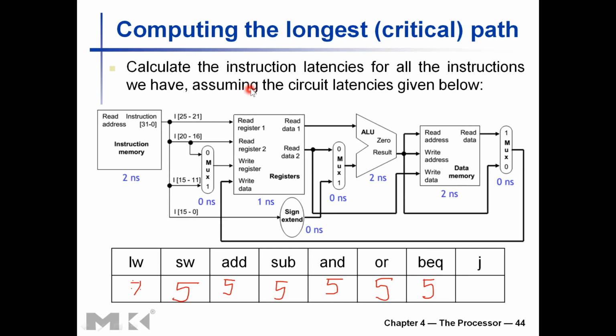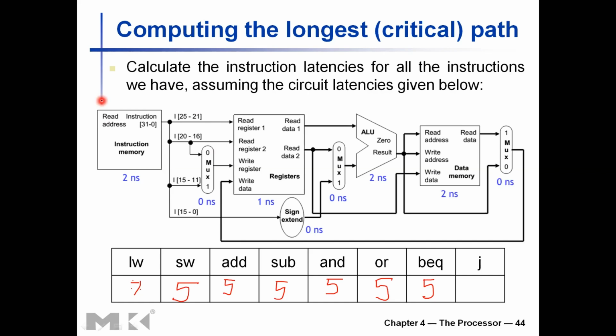So we can assume that the PC plus 4 adder will consume 2 nanoseconds, but that can happen in parallel with the instruction memory reading or register file reading. For the sake of safety, we'll assume the PC plus 4 value will take 2 nanoseconds from the start of the clock cycle, right?